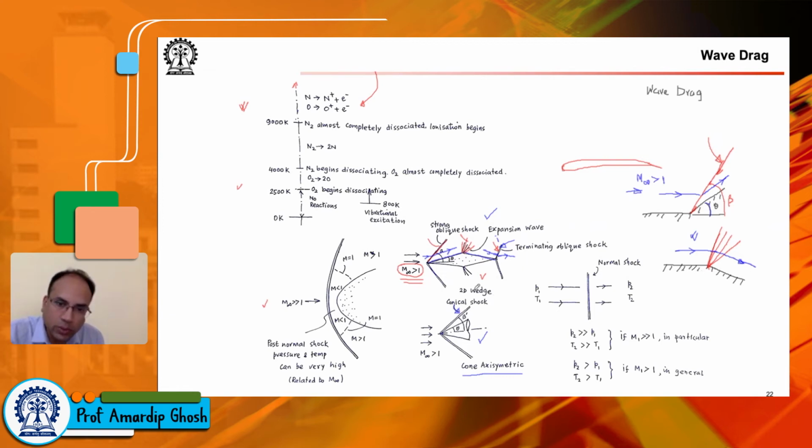You see, this is a 2D wedge, and this is an axisymmetric cone. Both in supersonic flow fields, shock waves are generated. We see attached shock waves. Under some theta, beta, M combinations, we can also have detached shock waves. But nonetheless, these shock waves influence the pressure distribution, and that can be used to get the lift and the drag. So this is for the supersonic vehicles.